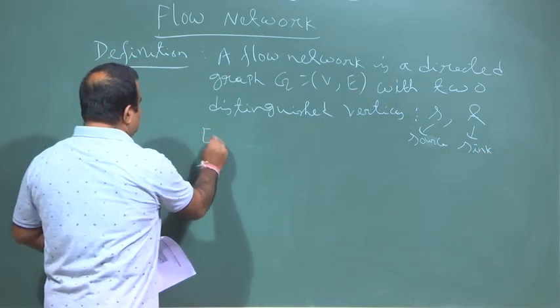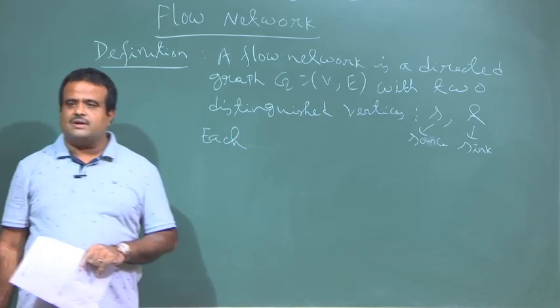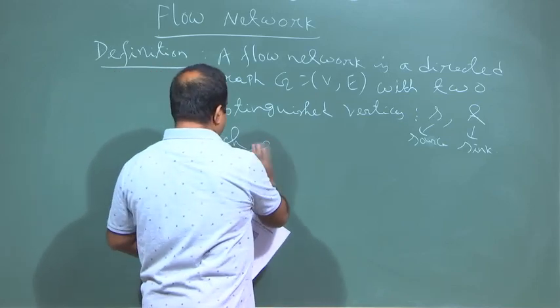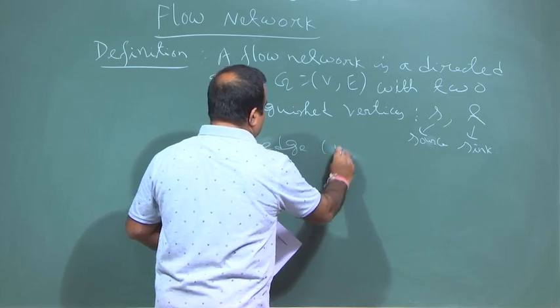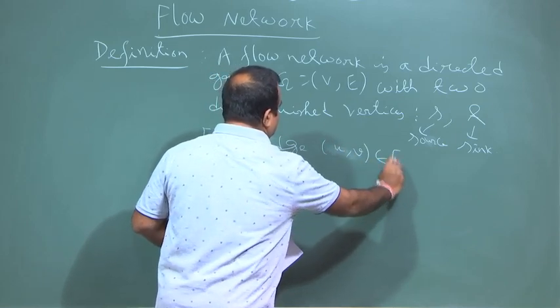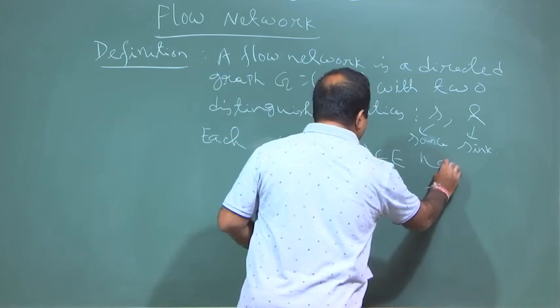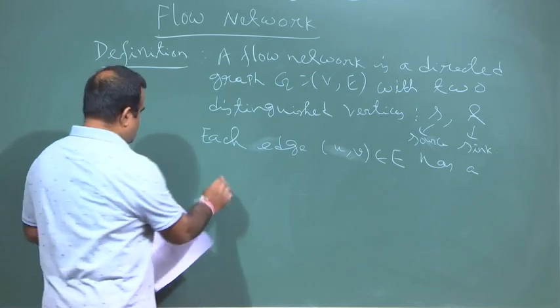And for each edge, there is a weight associated with it, and that is called capacity. So, each edge UV has a non-negative capacity. So, weights are non-negative.